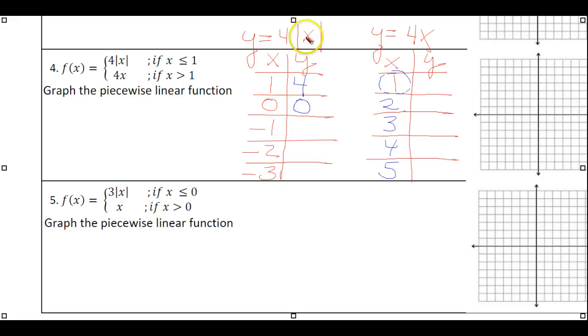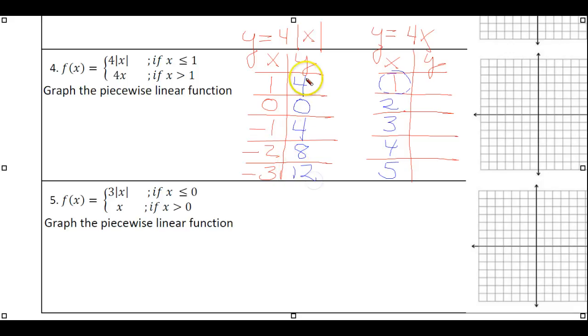Now if x is a negative 1, it comes out of there as a positive 1. 4 times 1 is 4. If x is a negative 2, it comes out of there as a positive 2. 4 times 2 is 8. And negative 3 comes out as a 3. 4 times 3 is 12.